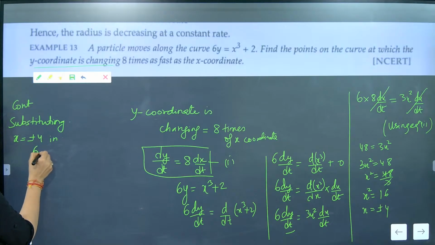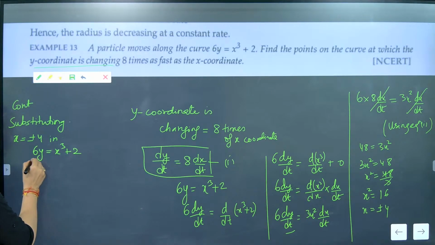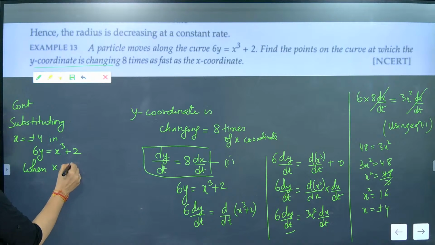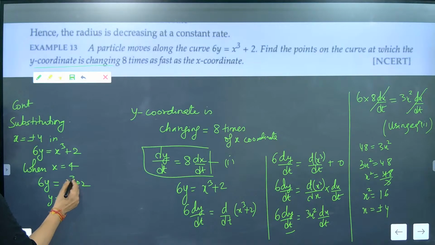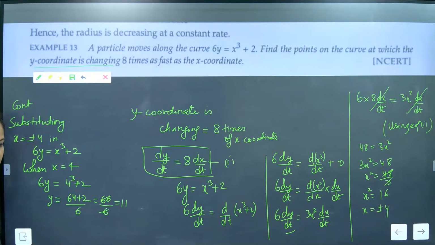And what is our equation? 6y is equal to x cube plus 2. One time we will take x is equal to 4. Then 6y is equal to 4 cube plus 2. So y will be equal to 4 4s are 16, 64, plus 2, by 6. It will come as 66 by 6 and it is coming as 11. So one time the y value is coming as 11, when x is 4.